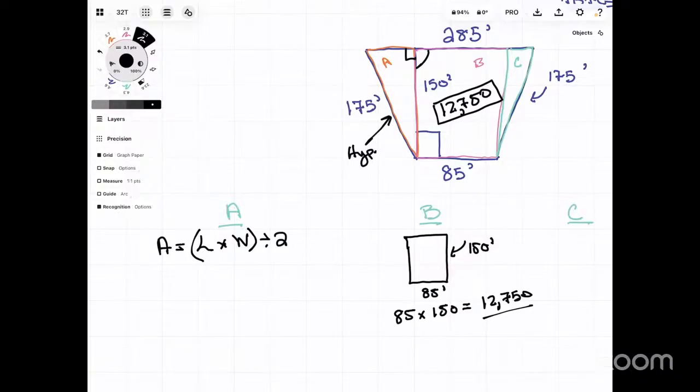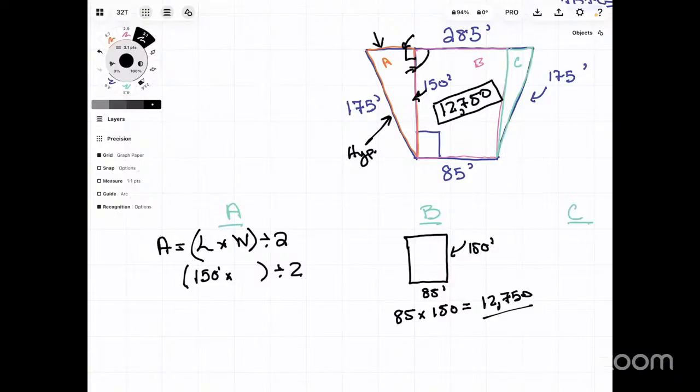When we find the area of a right triangle, we only want the 2 lines that are attached to the 90-degree angle. So that's going to be 150, because this piece right here is 150, times what is this piece right here?